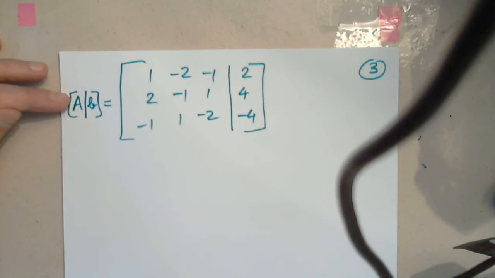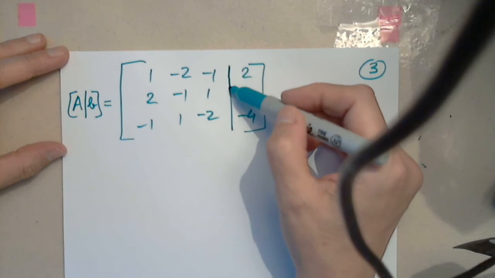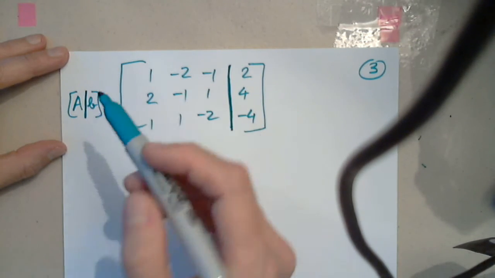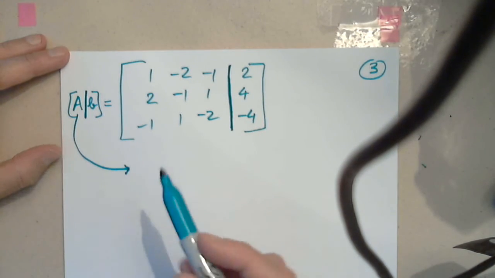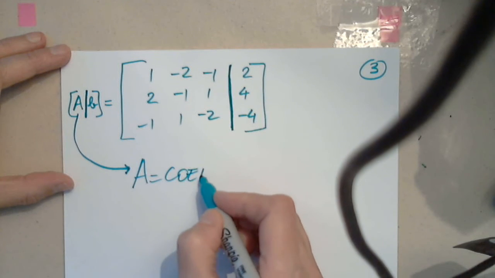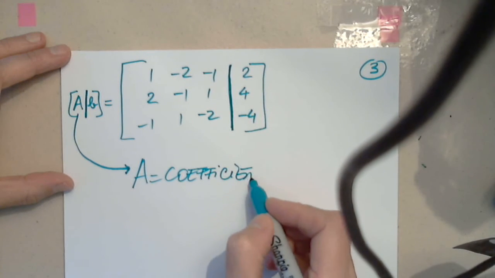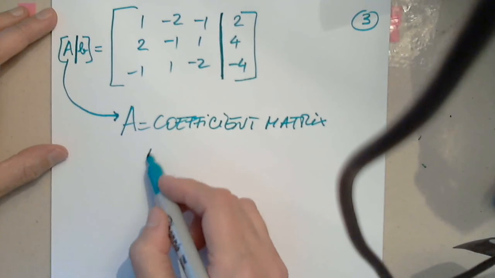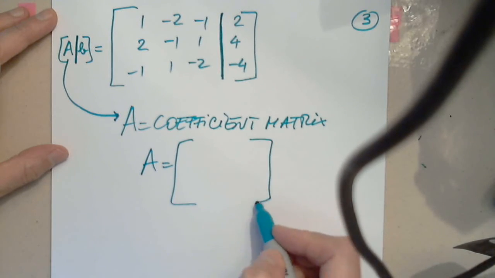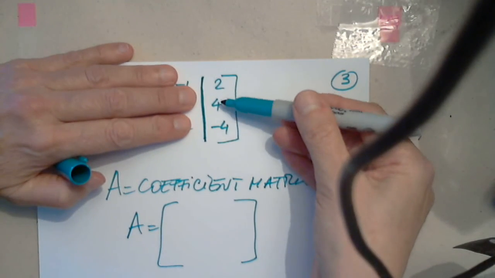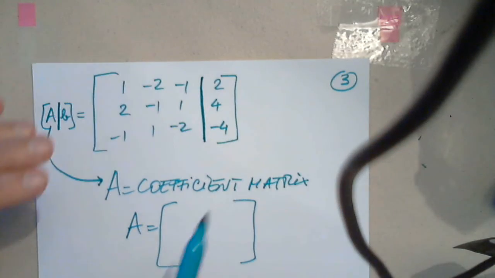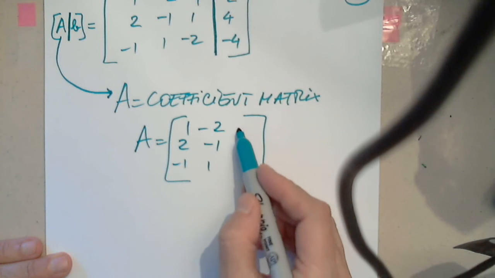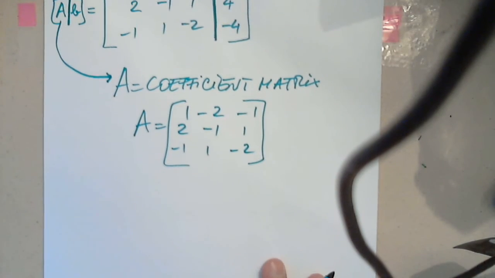And you can say, where do you come up with this? Well, where the equal symbol should be, this bar is the same here. What does A represent? A is only the coefficient matrix. What's the coefficient matrix? It's only the coefficients of the variables, not the free terms. So 1, 2, -1, -2, -1, 1, -1, 1, -2.